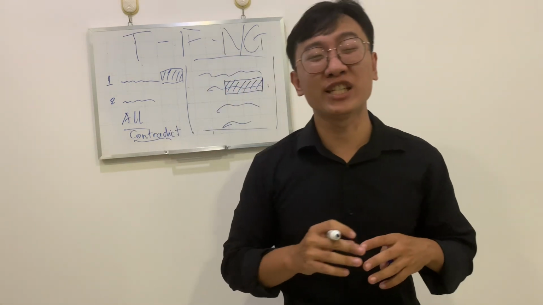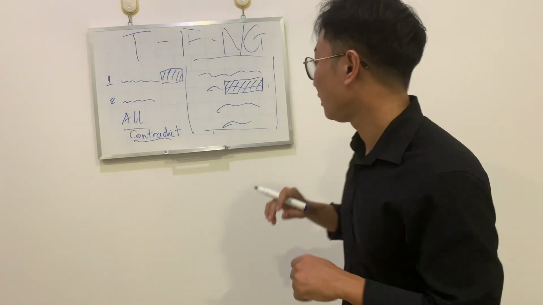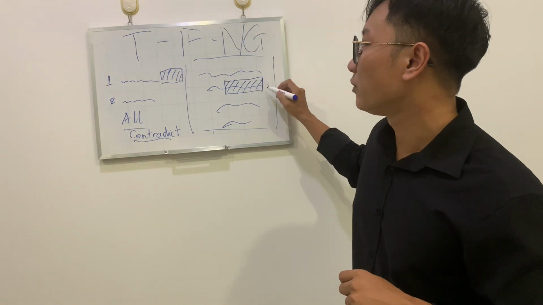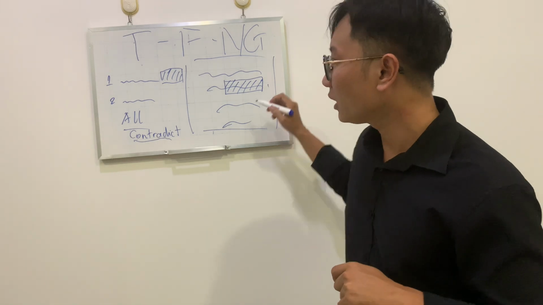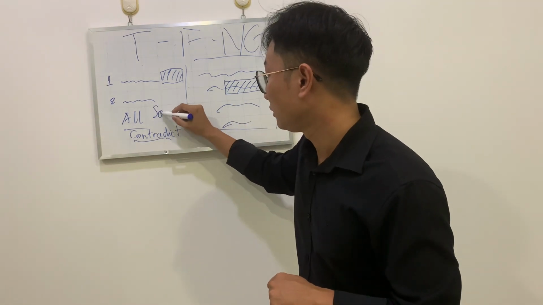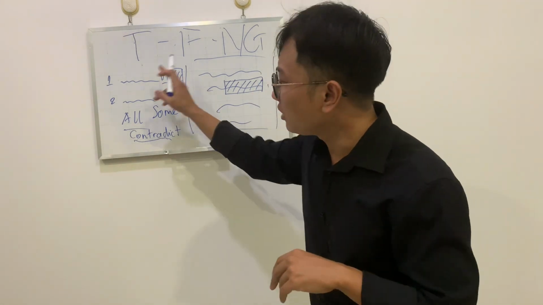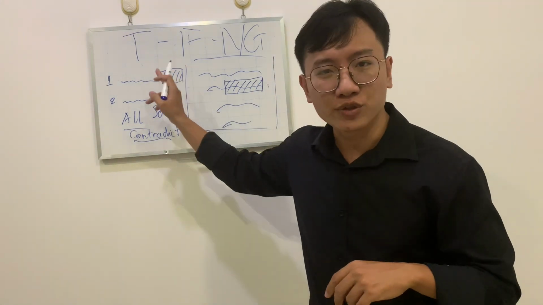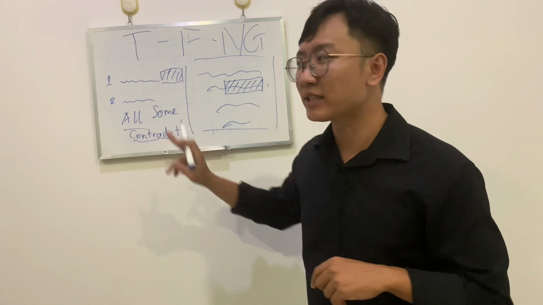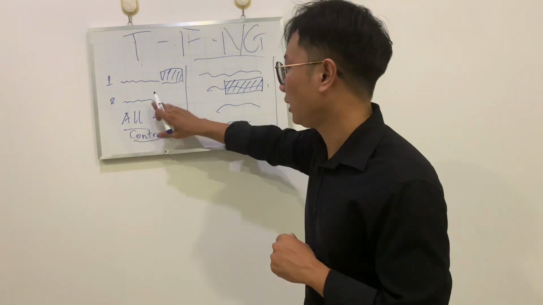So what does it mean to be not given? Not given is when the text has some information similar to the question, but it is irrelevant.